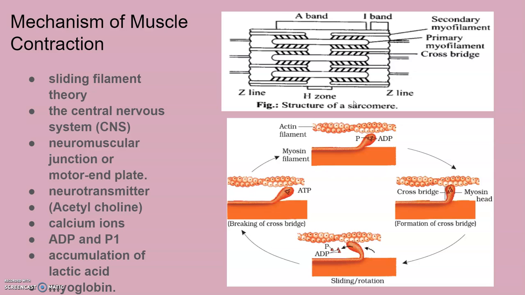This process continues till the calcium ions are pumped back to the sarcoplasmic cisternae, resulting in the masking of the actin filament. This causes the return of the Z line back to its original position, which is called relaxation.